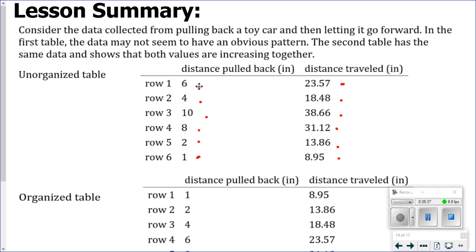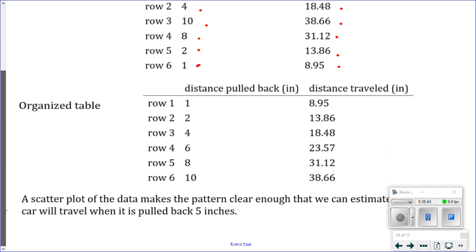But now if I reorder this table from distances pulled back in inches from smallest to largest, like the second one in your workbook or the second one here on my slide, I can see more of an association with the data, right? If I pull back 1 inch, my car is going to travel approximately 8.95 inches.